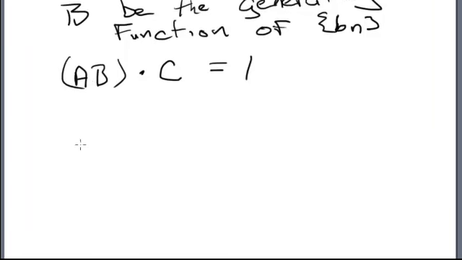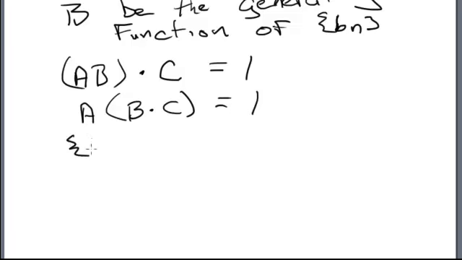Since we know that our sequences together with addition and multiplication form a commutative ring, we're going to apply associativity. So A times (B times C) is equal to 1, by associativity. Therefore A has a multiplicative inverse, so the sequence a_n has a multiplicative inverse.